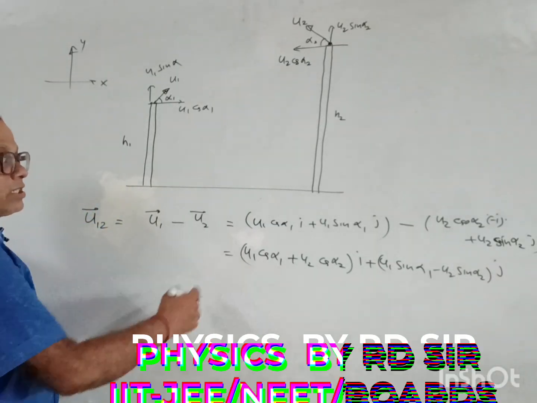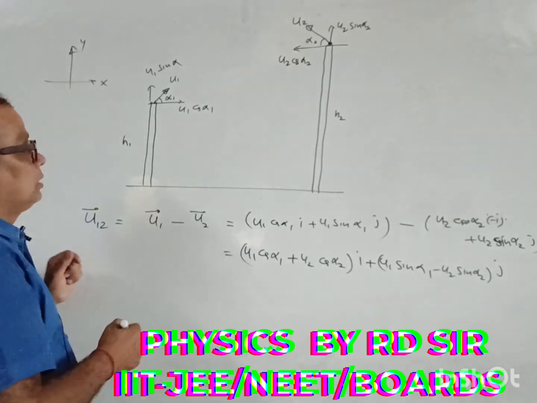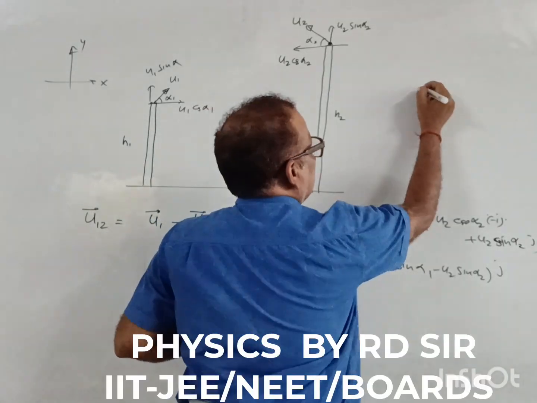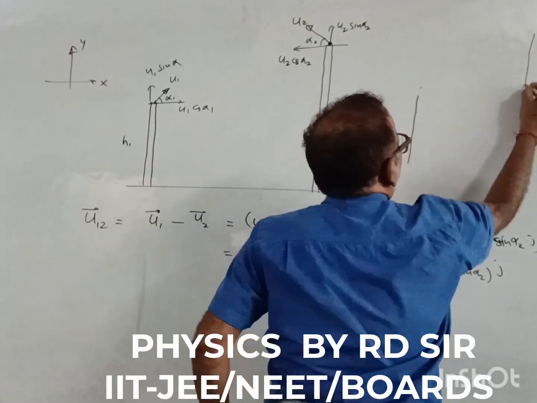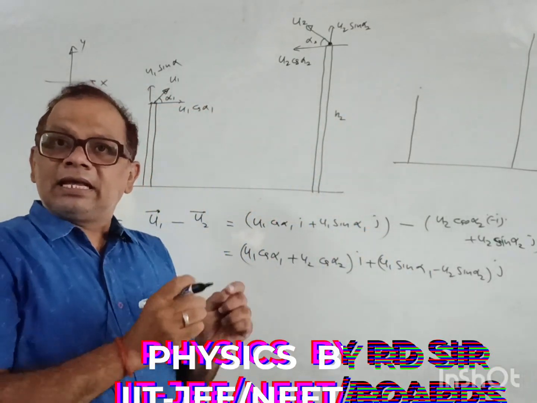What should be the direction of the velocity of particle 1 with respect to 2? By relative motion, when we deal with the motion of one particle with respect to the other, the other particle is taken to be at rest.